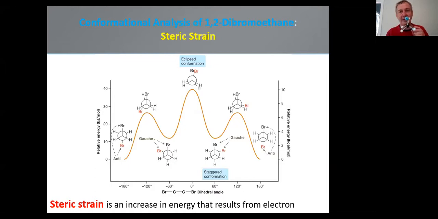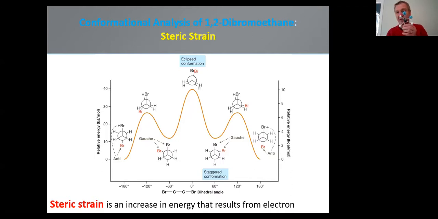Eclipsed is bad, right? And not only that, but you can see that it's not 12 kilojoules because of these bromines, these sterically bulky groups. You've got steric strain going on, so it's up above, at 25.